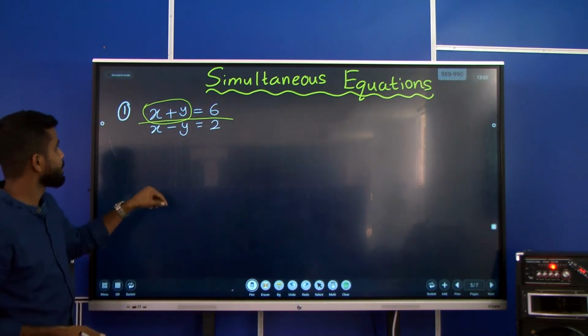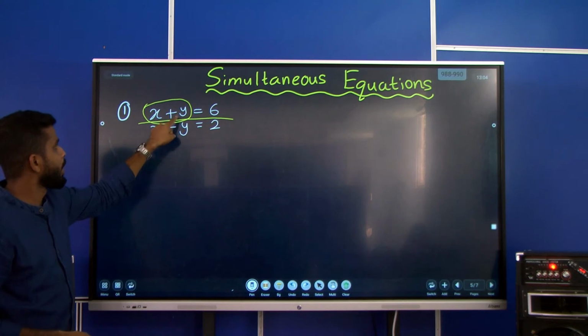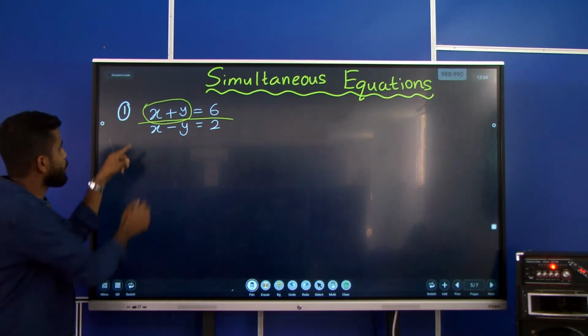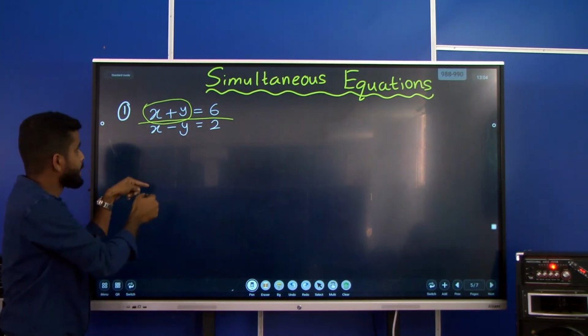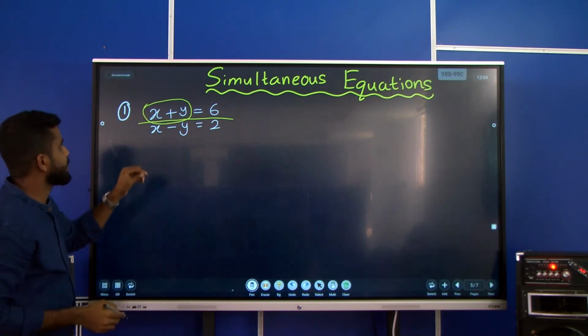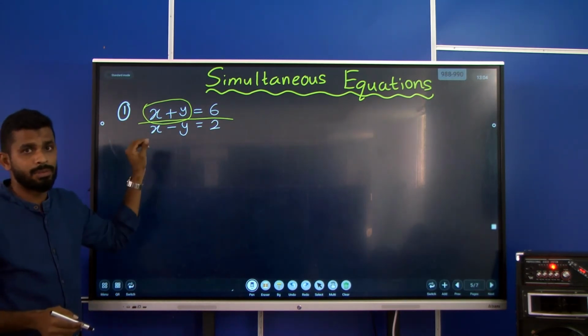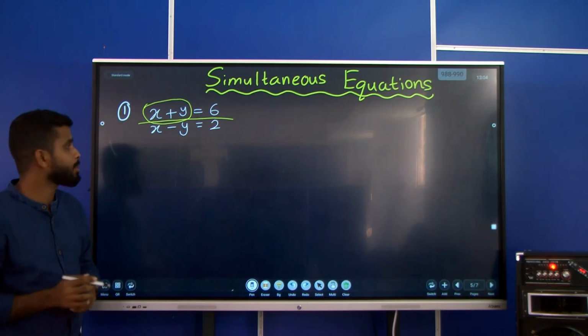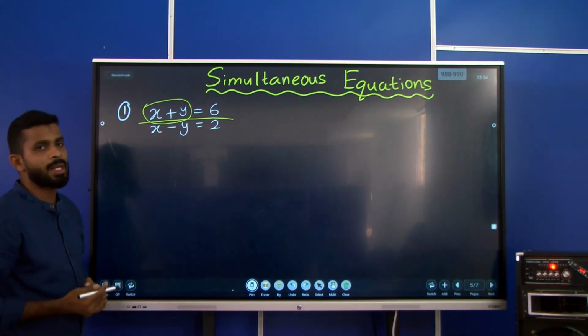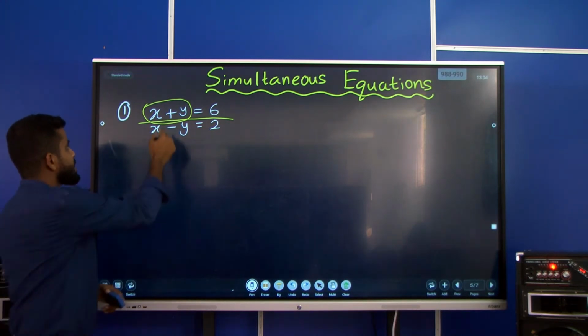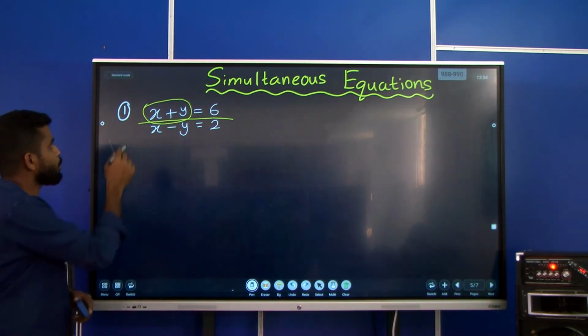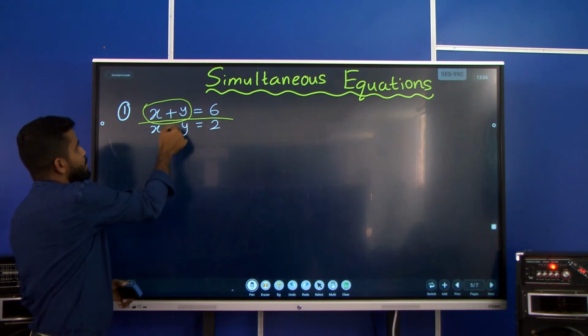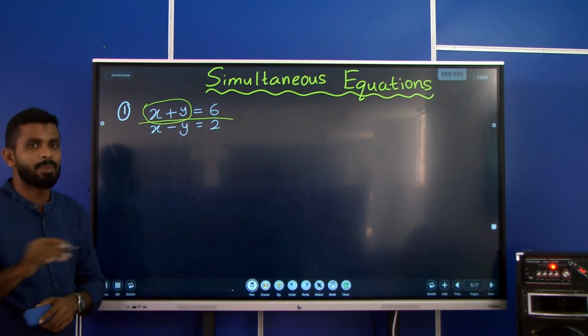Since here x, x, y, y, when you subtract x minus x, it cuts off, it goes. That's also possible. There is also another way, plus y minus y. Just say plus something and minus something. If you add plus y plus minus y, those two eliminate. Those two cut off.